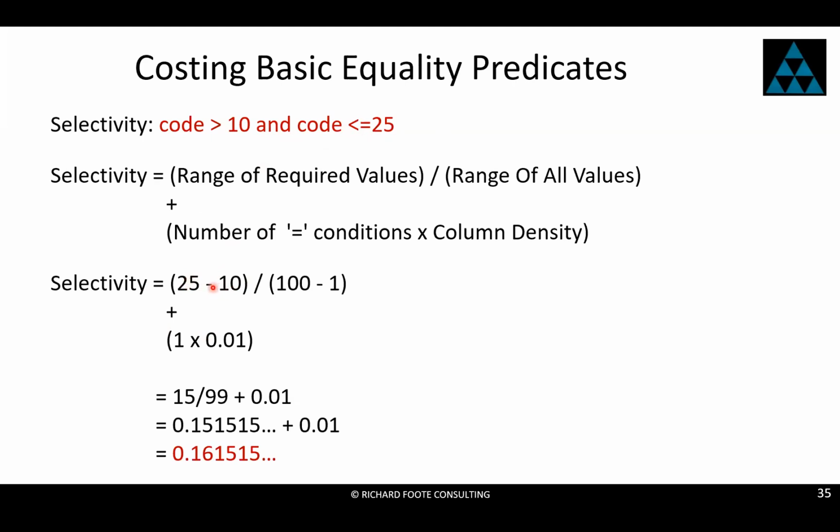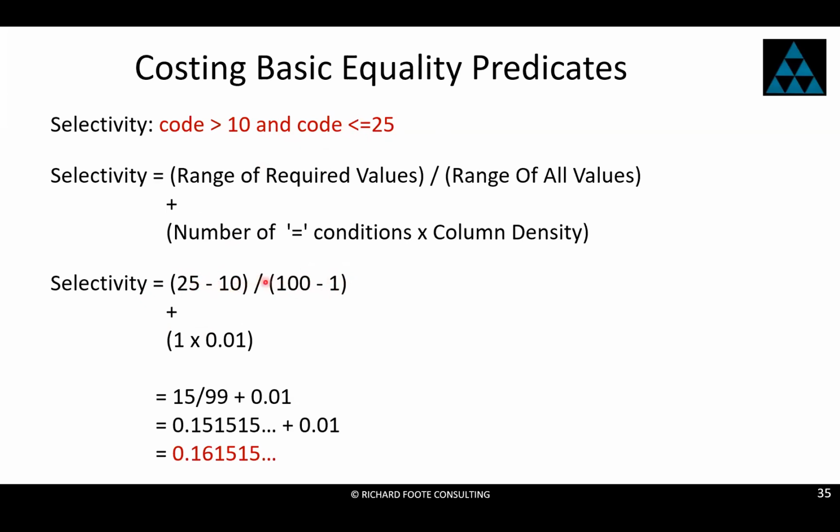It's 25 minus 10, so about 15 values. How many values are there in total? The maximum is 100, my minimum is 1, so Oracle says there's 99 different values. Note, by the way, instantly we got a rounding error, because there's actually 100 distinct values, but Oracle's deeming it to be 99. So this is where these rounding errors can come in, and sometimes in edge cases it can be problematic. So that's the percentage of rows that we need to access.